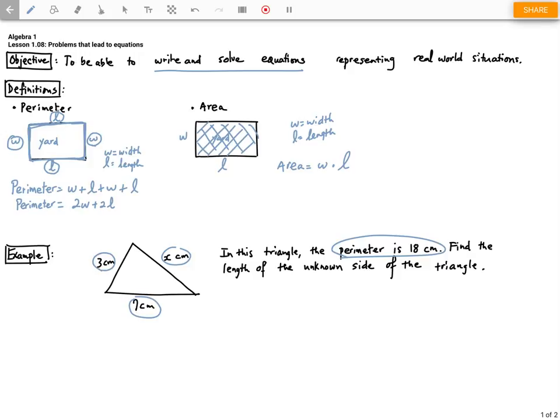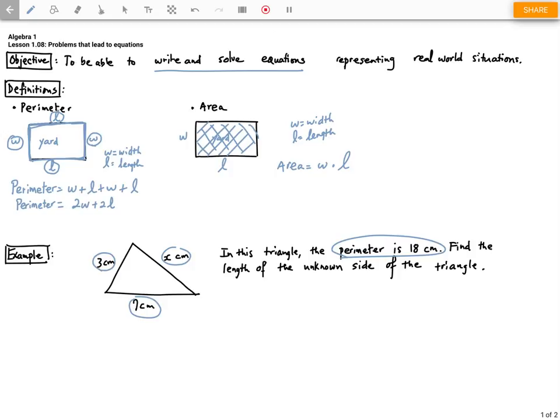We just learned that perimeter is the distance around the figure, or the amount of the fence around the yard. So pretend this is a triangular yard, and we have a fence surrounding it. So the perimeter would be the amount of fencing around this triangular shaped yard.